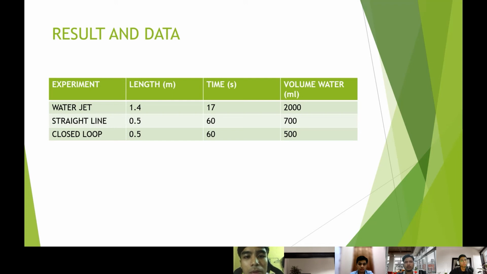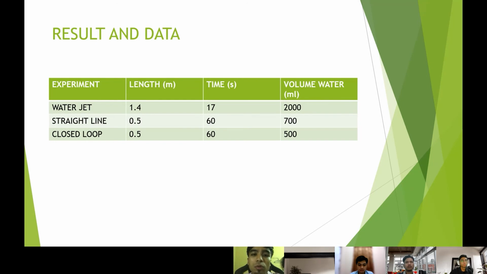And for experiment 2, the straight line, the time taken for the water to reach 700 milliliter is 60 seconds. And for the closed loop, the time taken for the water to reach 500 milliliter is 60 seconds.